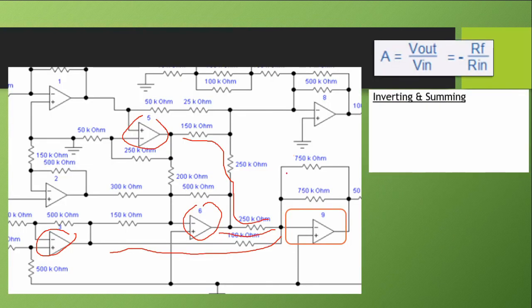But here, for op amp 9, we are excluding 5. Because if we look at this node here, it is connected to ground. Since we are analyzing op amp 9, by looking at the circuit, op amp 5 is connected to ground. This point here is connected to ground, so we can exclude this. So we only have 3 and 6.